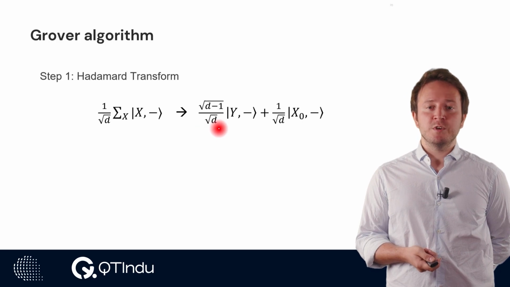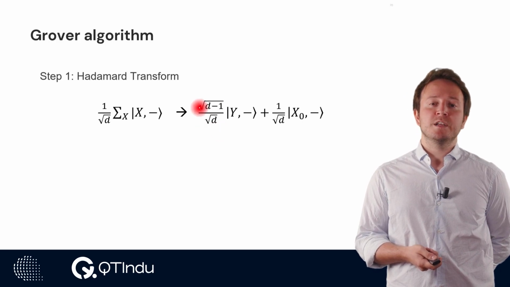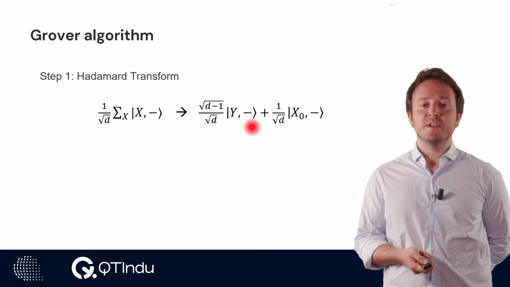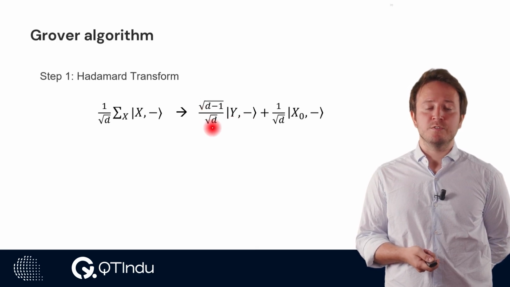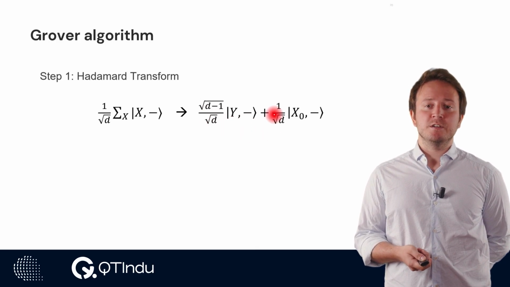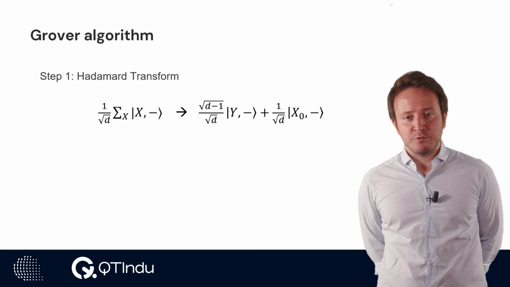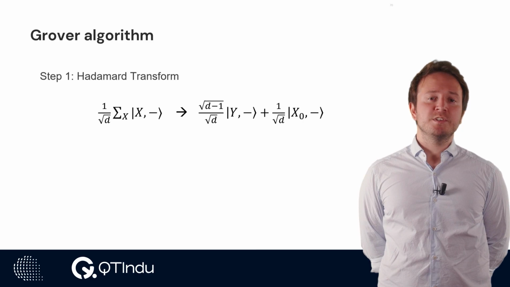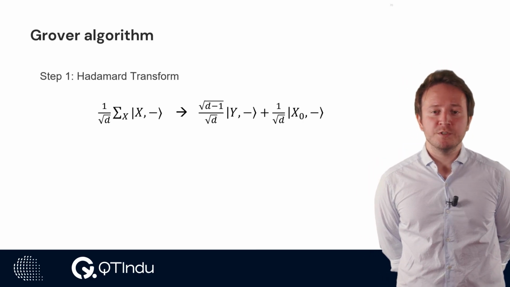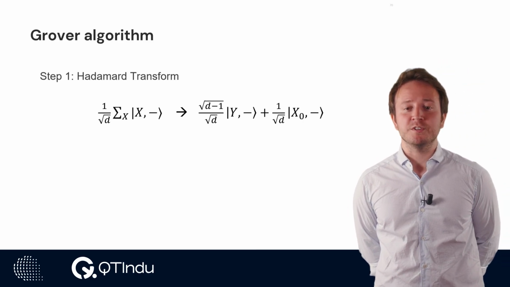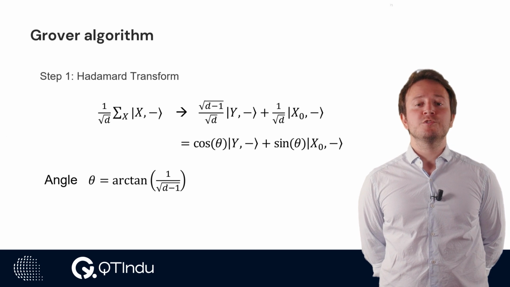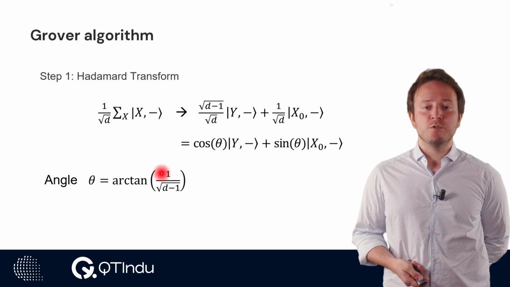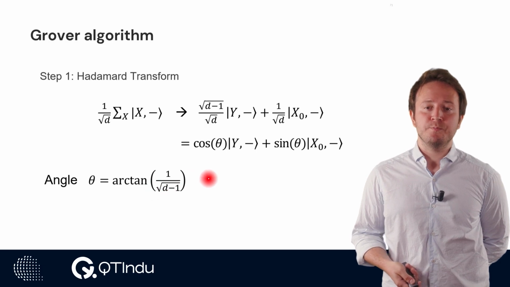In particular, what we do get is that the prefactors are given by root d minus 1 over root d for the unwanted state, and just 1 over root d for the wanted state x naught. Now, this is still not particularly clear, so what we will do now is introduce a little bit of trigonometry. In particular, we will introduce an angle theta that is just the arctangent of 1 over root of d minus 1.